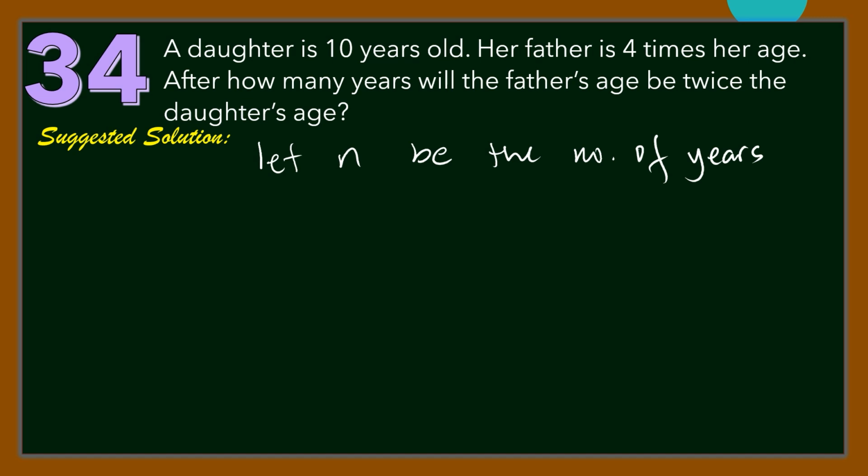So in n years, she will be 10 plus n years old. Also, the father is 40 years old, and in n years, he will be 40 plus n.